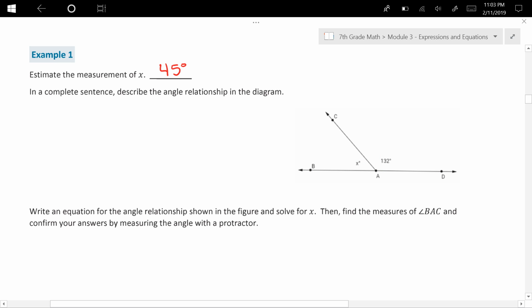That's my estimate. So they want us to describe the angle relationships in the diagrams. They just basically want us to describe, hey, what's going on here? So this is what I have.